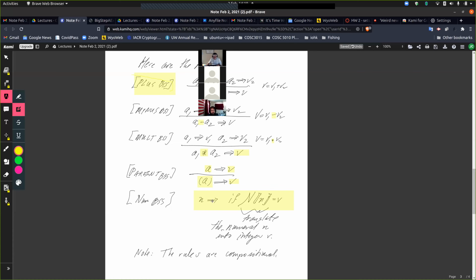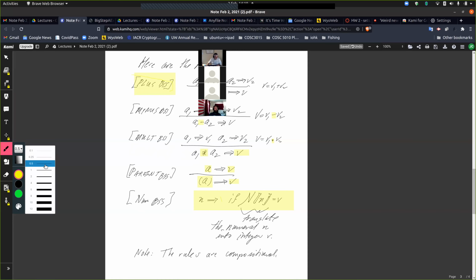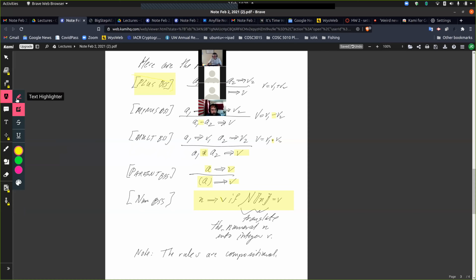N evaluates to V, if, and he uses fancy notation to mean translate the numeral N into its integer value V.